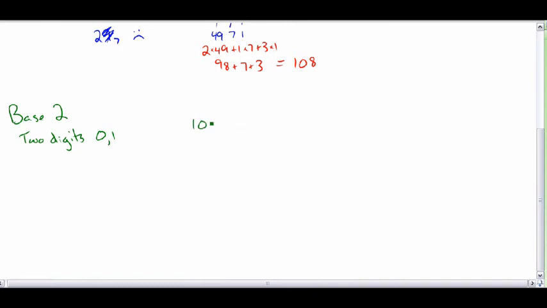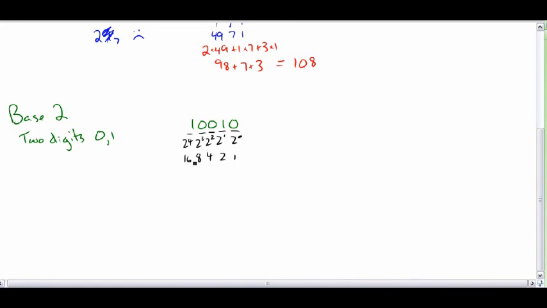Just like with base 10, to figure out what it is in decimal, we would take each place: 2 to the 0, 2 to the first, 2 squared, 2 cubed, 2 to the fourth. Simplifying them makes it easier: 1, 2, 4, 8, 16. You can see a pattern, they just double each time.